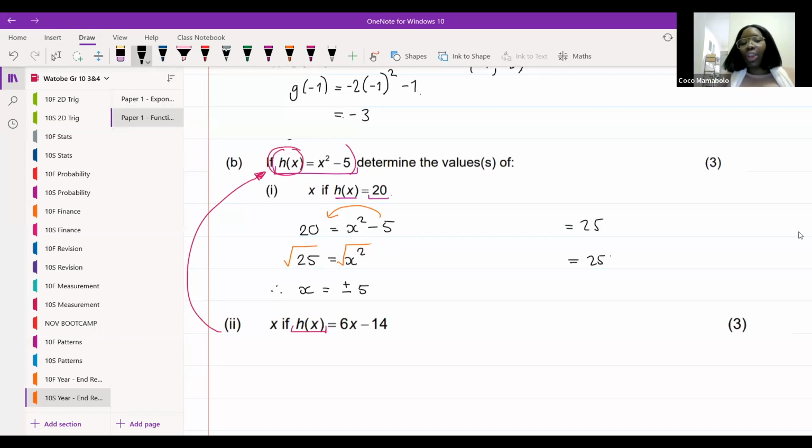So my new equation will read 6x minus 14 is equal to x squared minus 5. Now I'm going to run into a problem because now I have an x squared and an x to solve for. But we've seen this before. What do we call that equation where we have to solve for an x squared and an x?